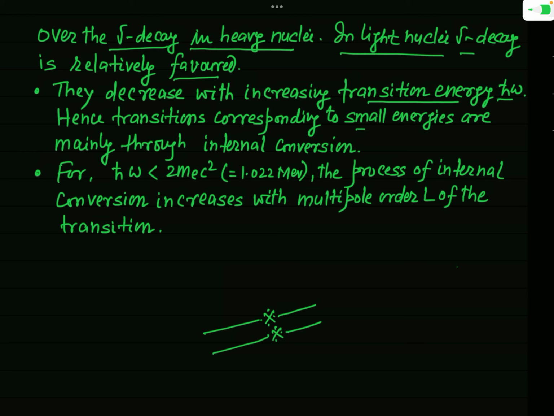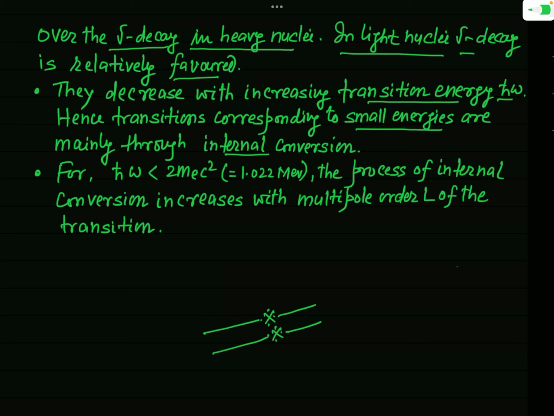And hence transitions corresponding to a small energy are mainly through internal conversion. Okay, so if the transition energy is smaller, then it will be via internal conversion. During the transition of the nucleus from a higher to a lower energy state, internal conversion will take place. But in other words, you can also say that if the transition energy is large, then this process is not favored.